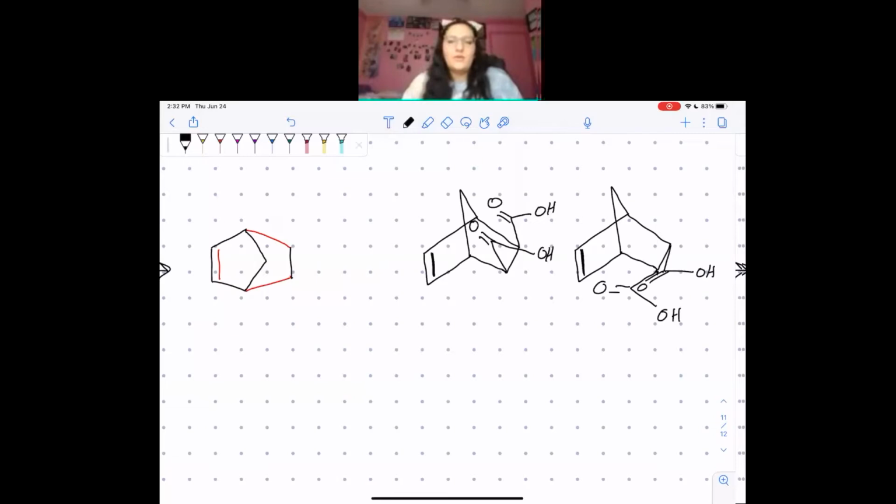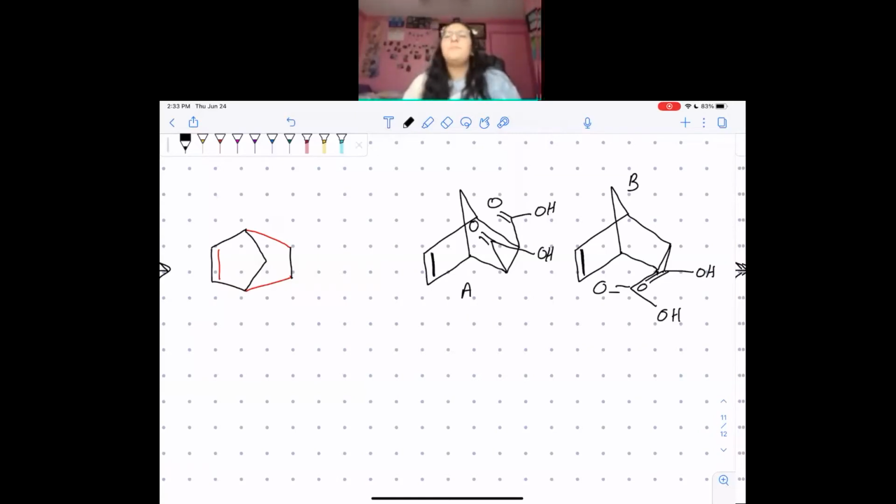All right, so which one do you think looks happier? A or B? And don't judge it based on my drawing skills, judge it based on steric hindrance. So we have a pretty even split so far.